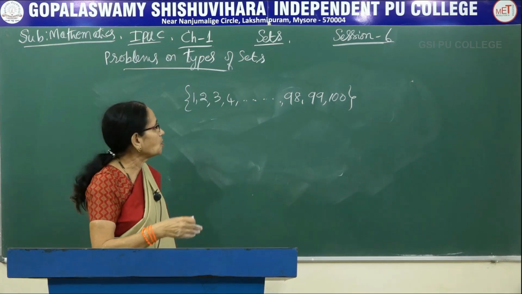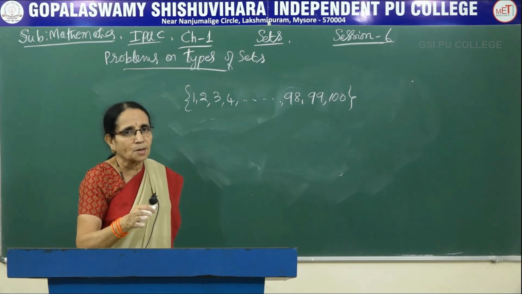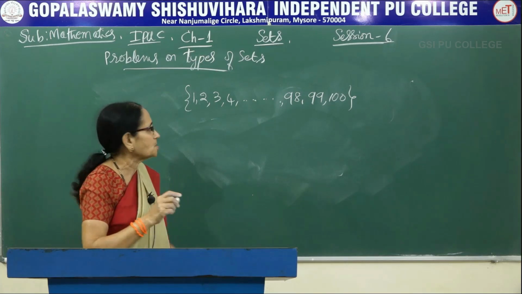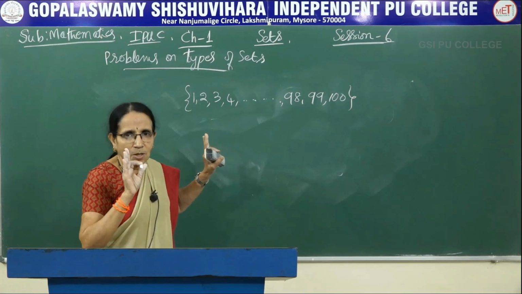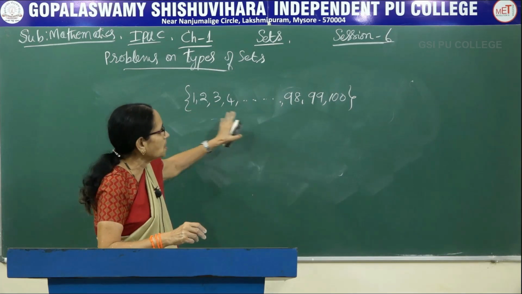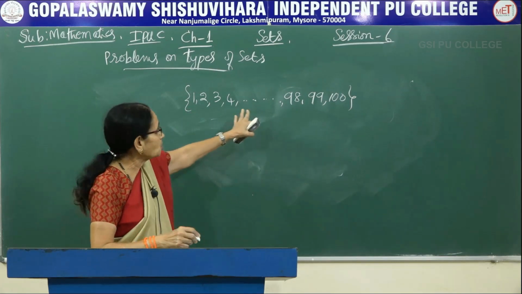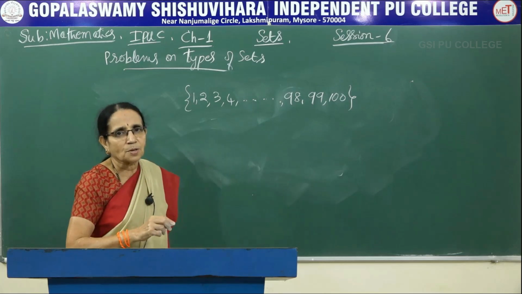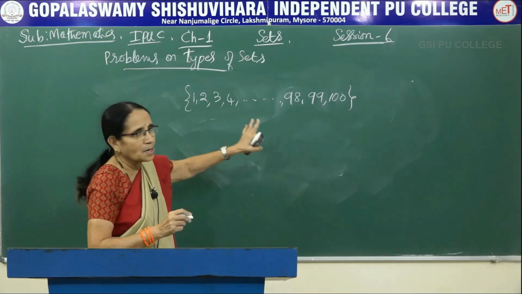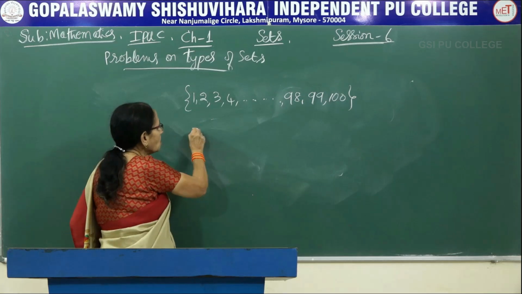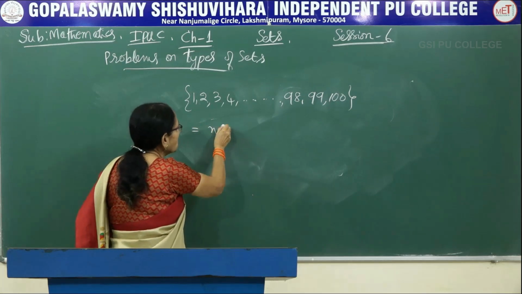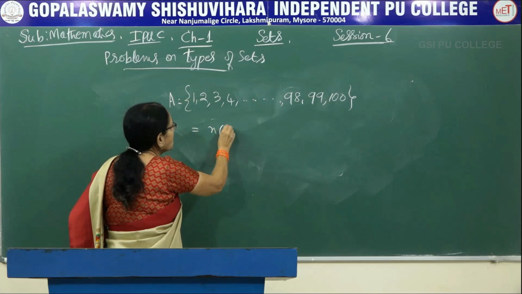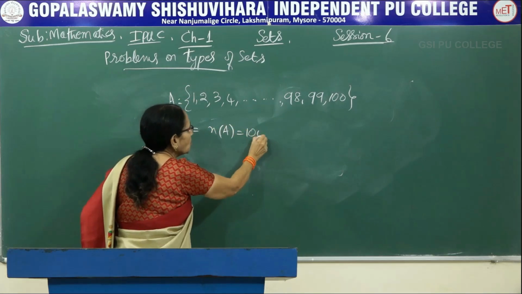Therefore, we did not know how many elements exist, so we took it as an infinite set. Here also, I am considering the natural numbers only. It starts with 1 and ends with 100. So I am sure about how many elements are present: 1 to 100, that means it has 100 elements. If you denote the set as A, I can write n(A) equal to 100.